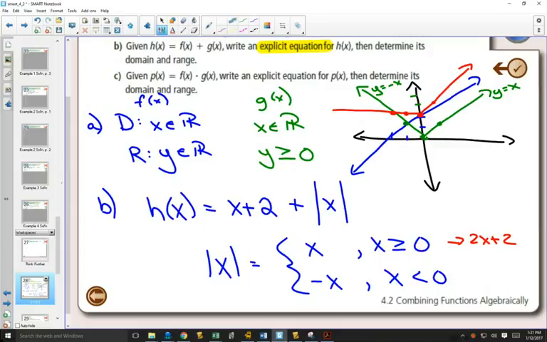Does that look like this graph that we have here? Yes. And if x was negative x when it's less than 0, if you simplify this, can you see that this would just be 2 on this part, which is why we got a straight line there at y equals 2. So the algebra will show the same thing, but it's tricky because the absolute value is a piecewise function.